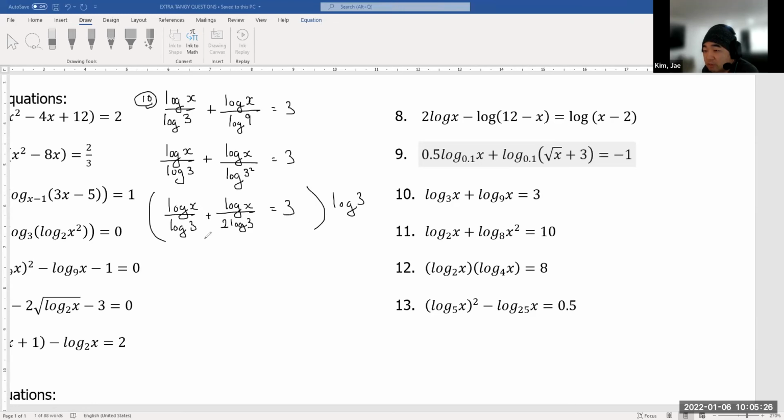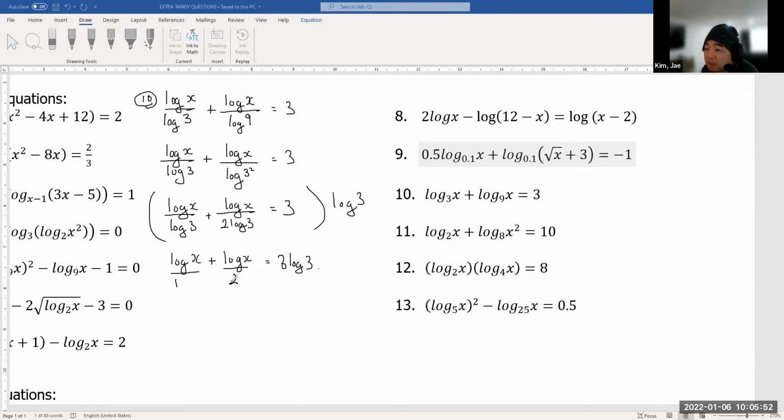So log 3 times log x becomes log x, plus log x over 2 times log 3 becomes log x over 2. So we'll just do 1. And this becomes 3 log 3, which is a number, right? Let's continue on.